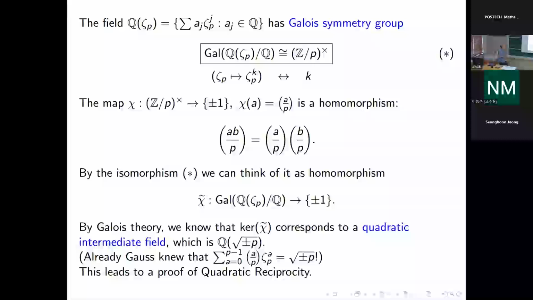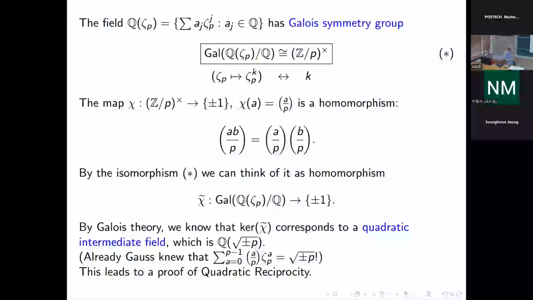And using that, it's then not so hard to give a proof of quadratic reciprocity. So this is at least motivating one particular proof you can give of quadratic reciprocity. And this is a first example of a so-called Galois representation, of which you will see more in the remainder of the talk.